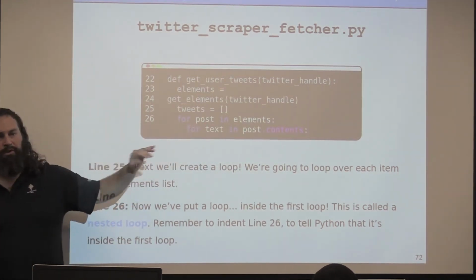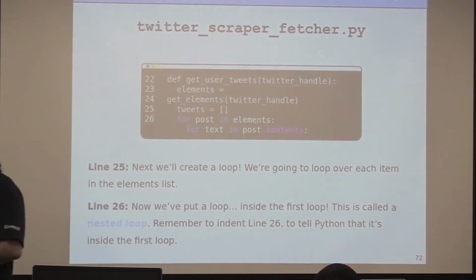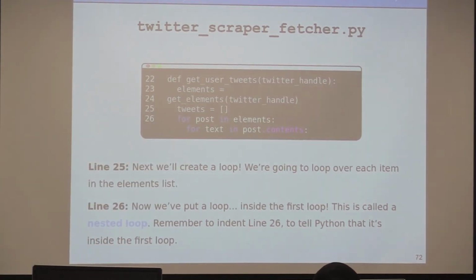This is just the variable. Just like in C where you're using i, k, and l as temporary throwaway variables, you're doing the same thing. So for post in elements could be for i in elements. We're just iterating through all of the elements, and we're using that as the variable. Okay? Does anybody have questions on what's happening here?